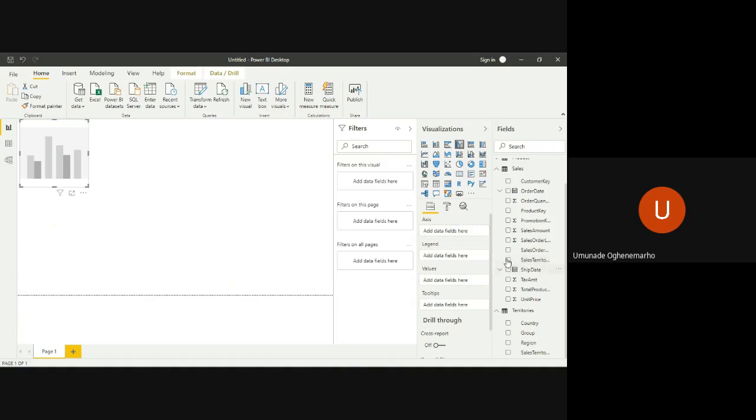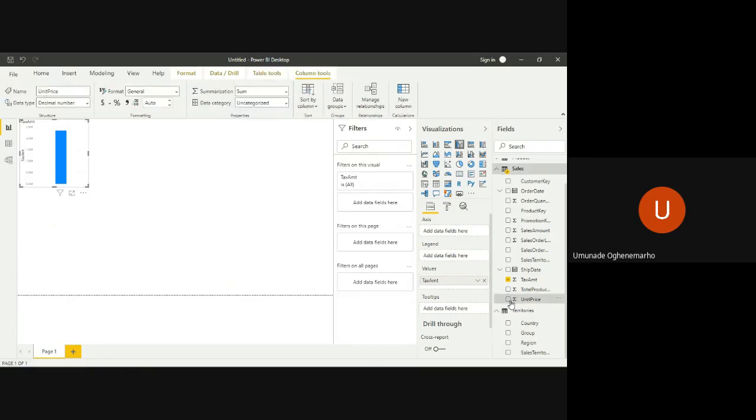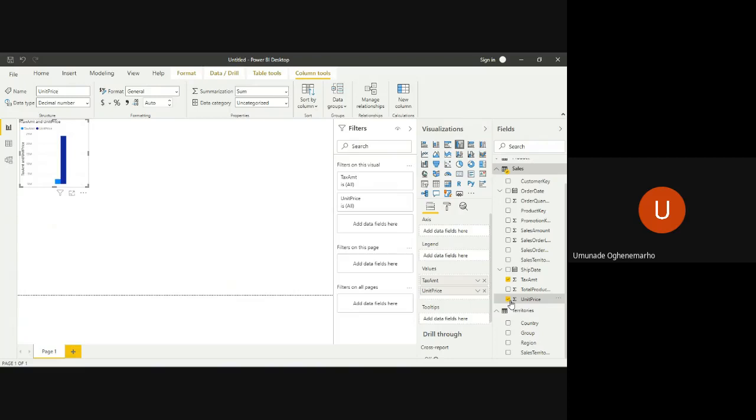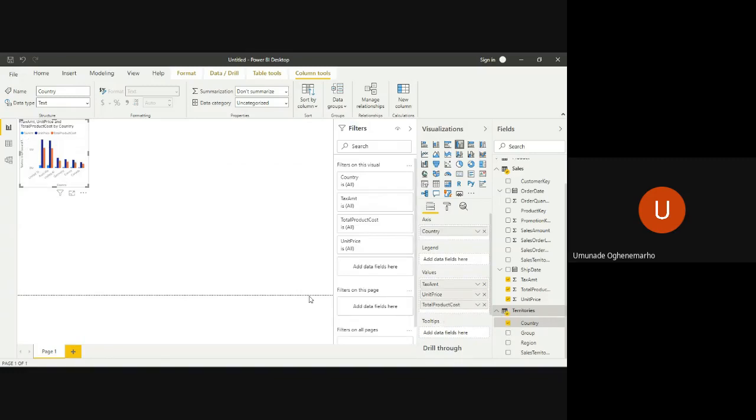Let's look at our tax amount, unit price, total product cost. Total product cost and tax amount should equate to unit price. So now we have three different things, and we'll categorize it by country. So there we have it.